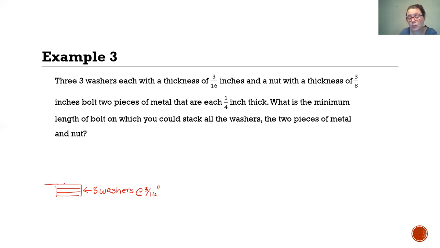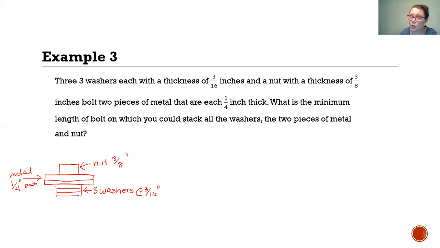Now we're going to throw on 2 pieces of metal. I'm obviously not drawing to scale. This is our metal. And it's 1/4 inch each. And then we throw a nut on the top of that. And the nut was 3/8.